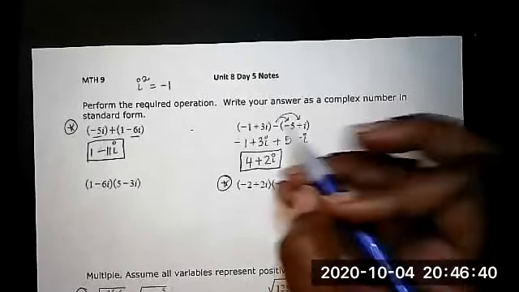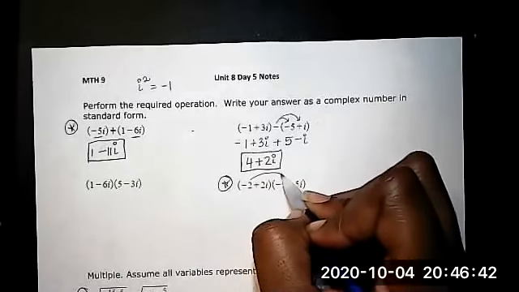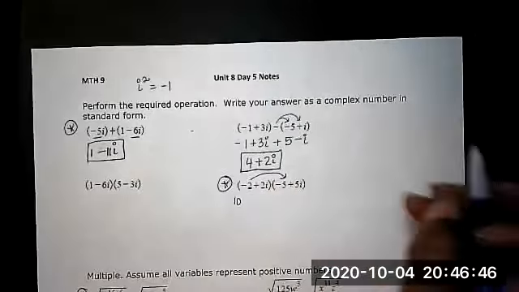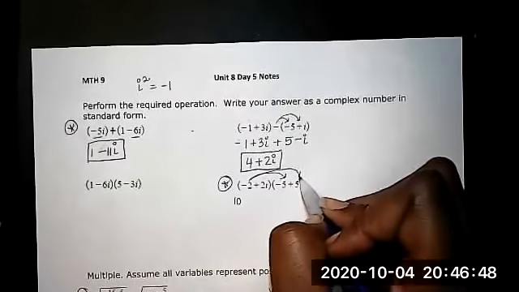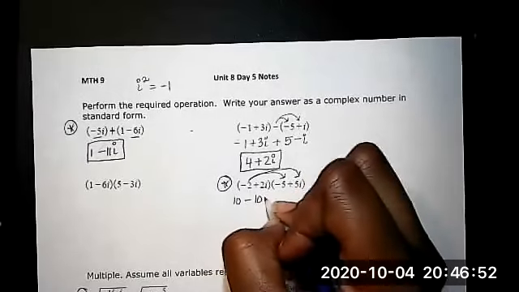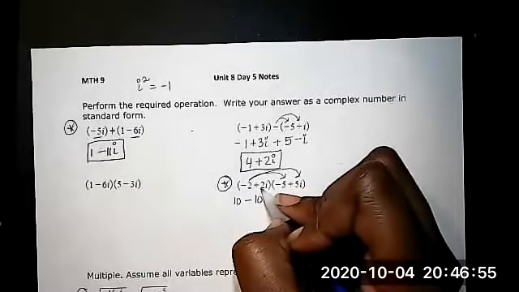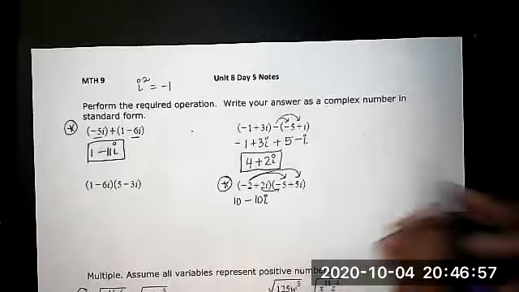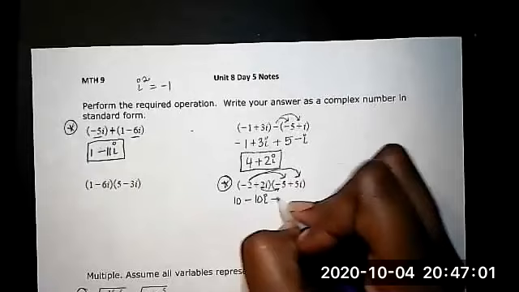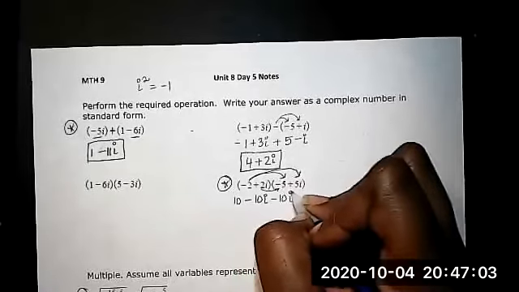All right, let's look at this one. Negative 2 times negative 5 becomes positive 10. I'm just going to FOIL here. Negative 2 times positive 5I becomes negative 10I. Then 2I times negative 5 becomes negative 10I again.